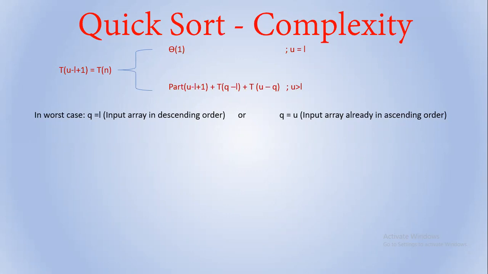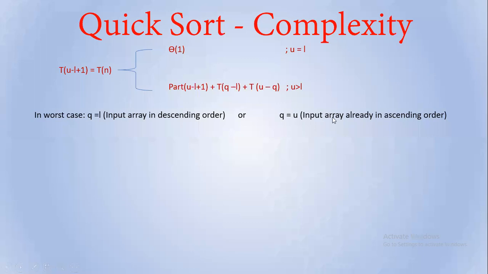That means J will always be decremented, and I will not be incremented. So J will run from U minus 1 up to L, and at last L will be returned. So L will be Q. The Q value will be L in a descending order array.